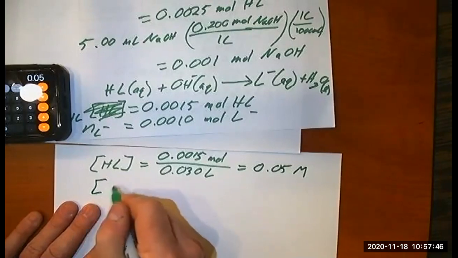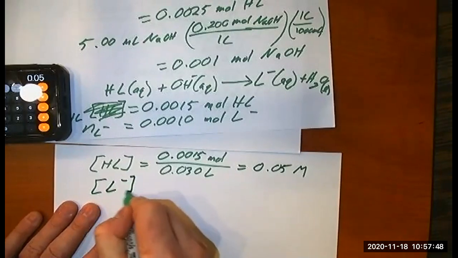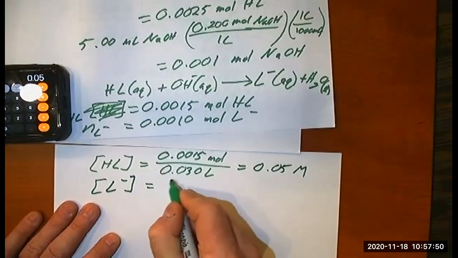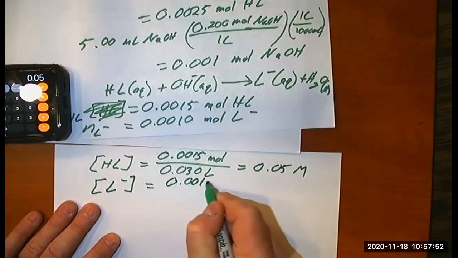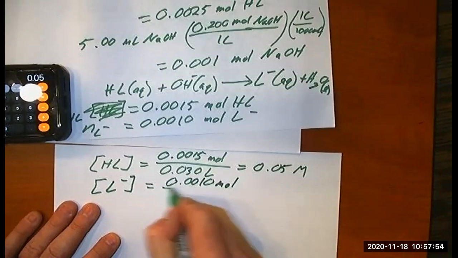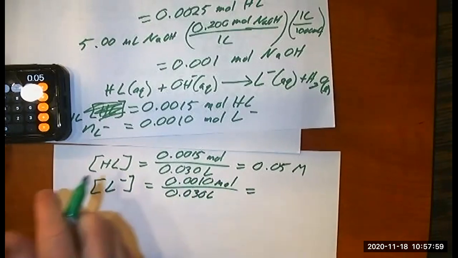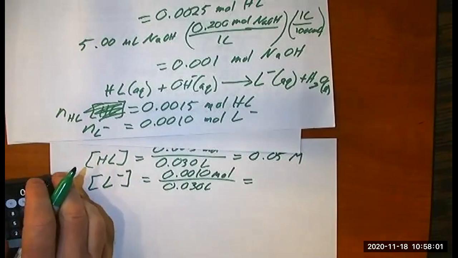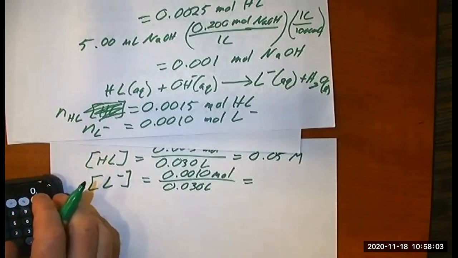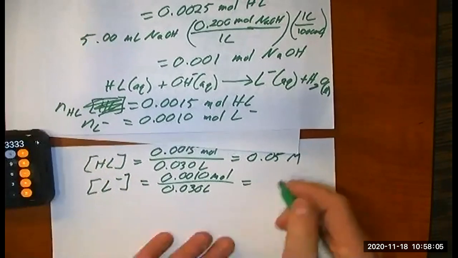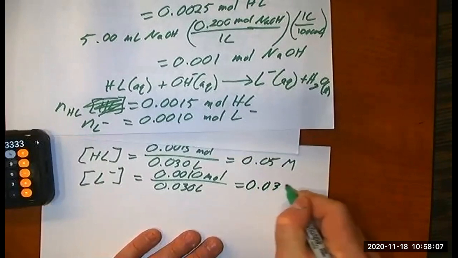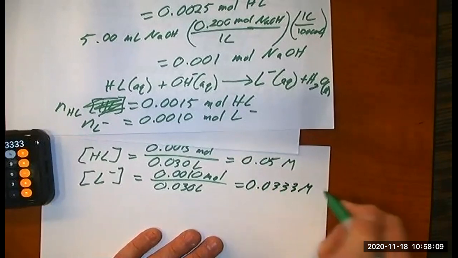And our concentration of L minus is 0.001 moles over that same volume. So 0.001 divided by 0.03 is 0.0333 molar.